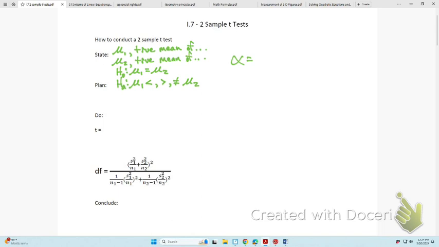So plan step is really similar, but one difference from 2 prop z tests. So you need to have random samples, although that's not always the case, or random assignment.